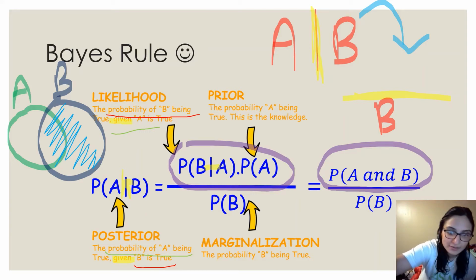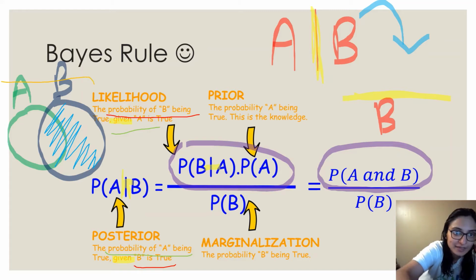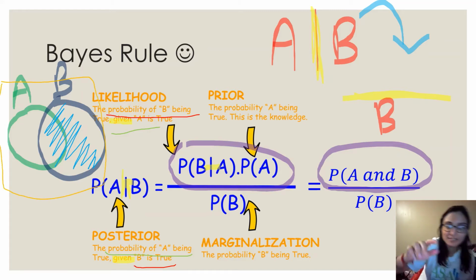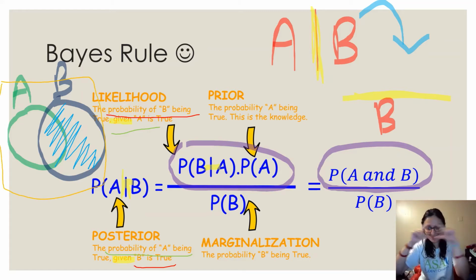This is the whole sample space. You can have A, you can have B, or you can have neither. I just drew that rectangle as a sample space. So if you now know that B has occurred, what's the probability that A will occur? In the denominator you're going to have the probability that B has occurred.